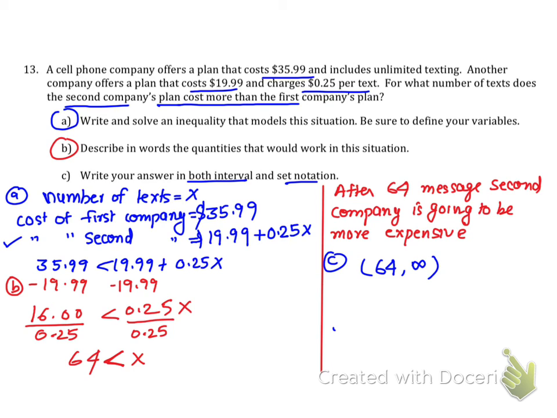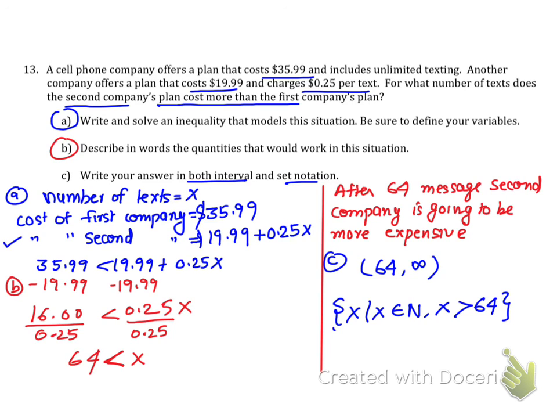If you have to write the set notation, x such that x belongs to natural numbers, because the text numbers are not going to be decimals. So here x is greater than 64, like you cannot have 1.5 text messages. So hope you get it.